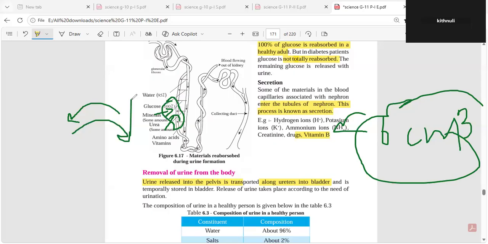Right. So I will ask a practical question. Can urine pass the electricity? පුළුවන්. Why is that?